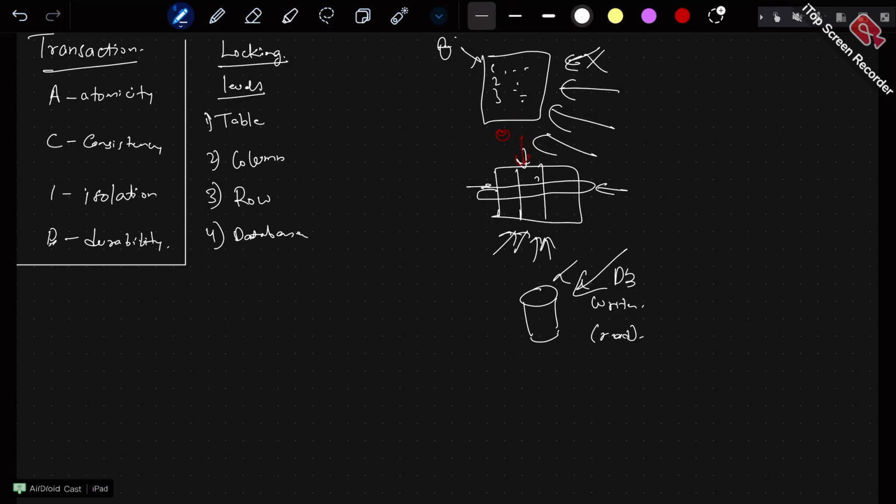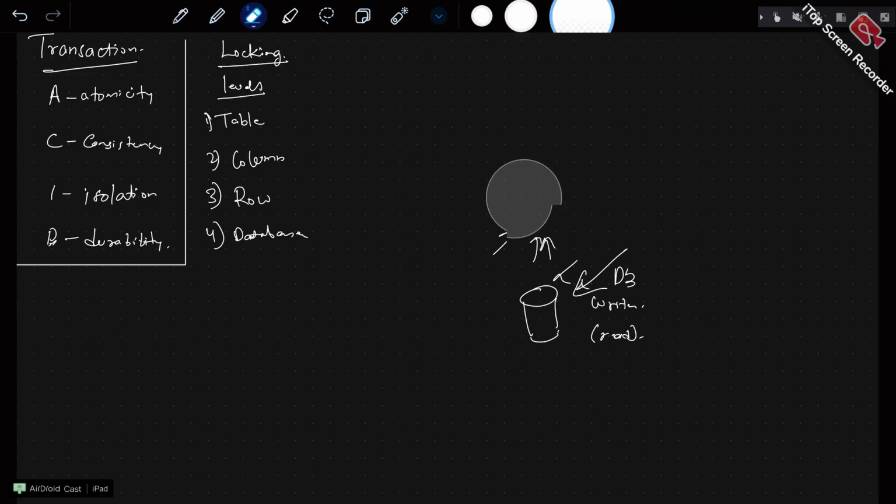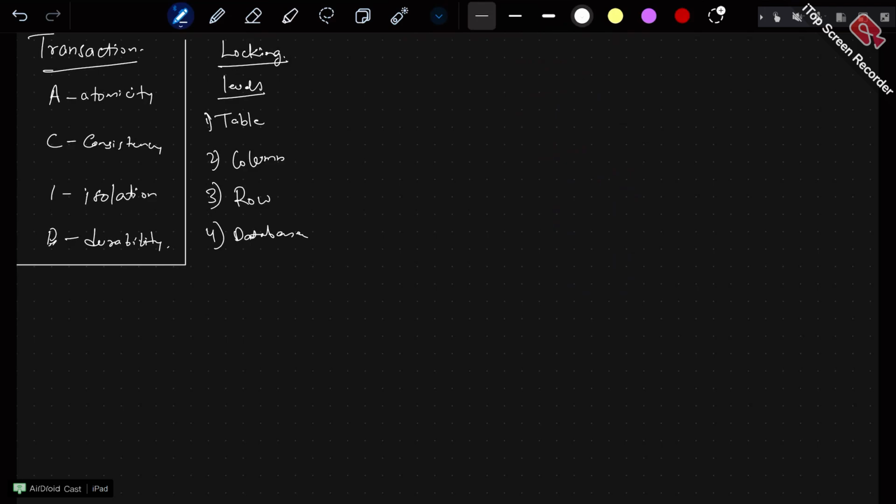Okay, so now these are the various locking levels that we can do. Now how do we lock in a real case scenario? How do we lock, and why do we need a lock? The reason for needing the lock is basically we want our data to be consistent.